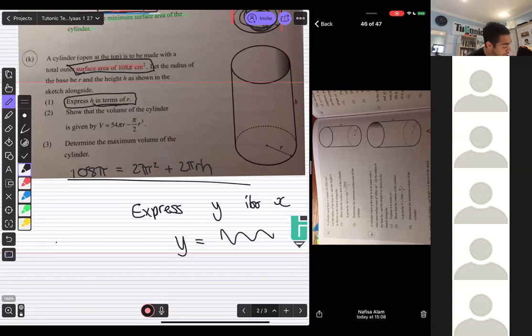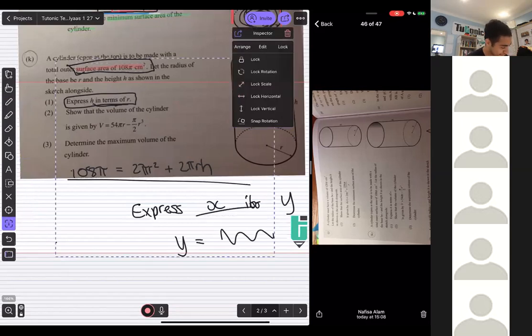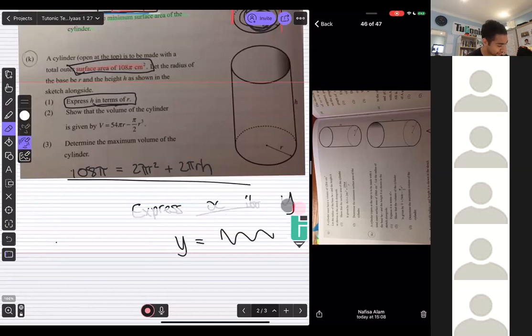But if I said express x in terms of y, that's making x the subject. Okay, guys? Yes. Okay, good. So who's going to do that for me? Express h in terms of r.